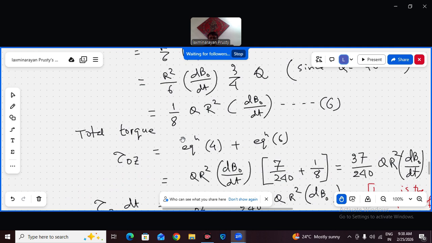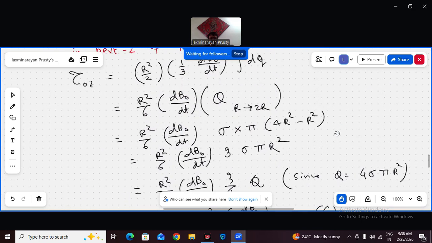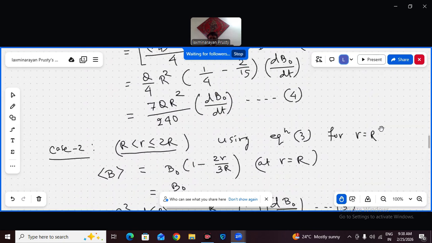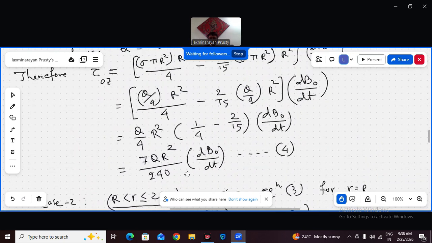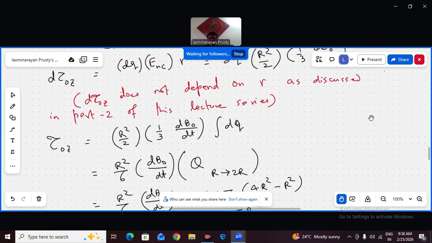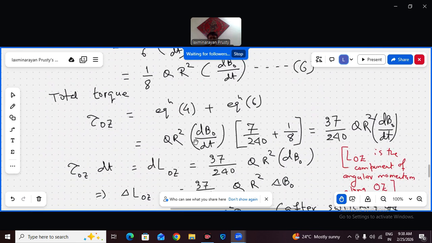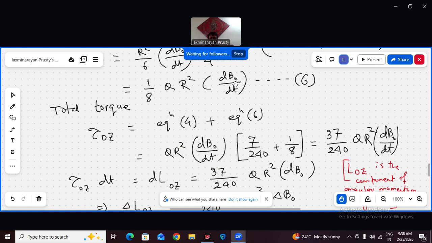So total torque OZ total will be how much? Due to the inside charge region and outside charge region, I have to add equation 4 and equation 6. So adding this, I get q r square dv naught by dt common.